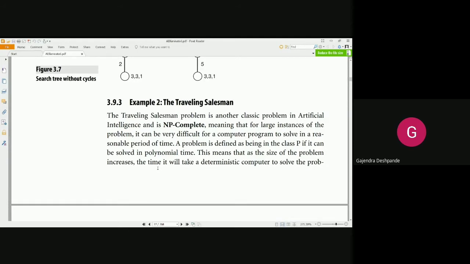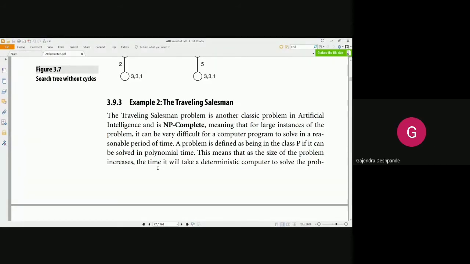That is, you are trying to solve the traveling salesman problem for 200 cities. If you try to solve this, it will take a lot of time, and you may not be able to solve it in a reasonable amount of time. So that's the problem. Even your system may hang if you go for 200 cities.